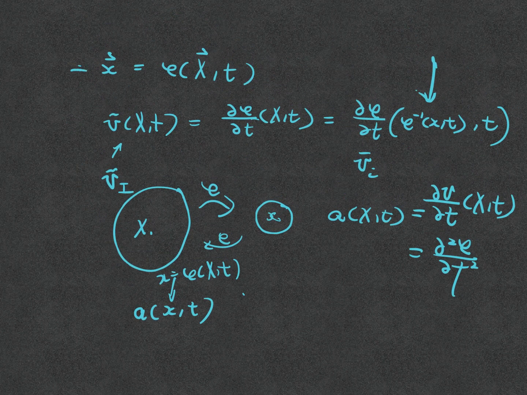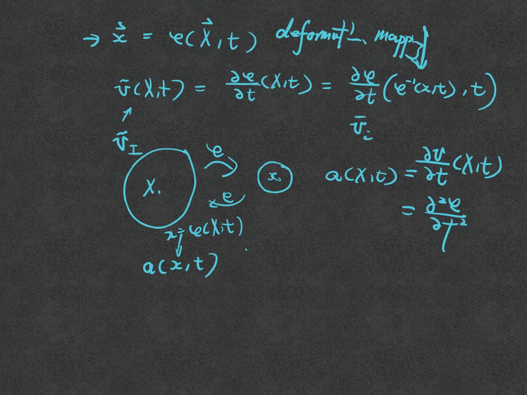So first, this is the deformation mapping that maps from the reference to the current configuration, like a transport map into the current configuration. And now acceleration itself is a function of both the current configuration x and the t, if I want to express it in the current configuration.